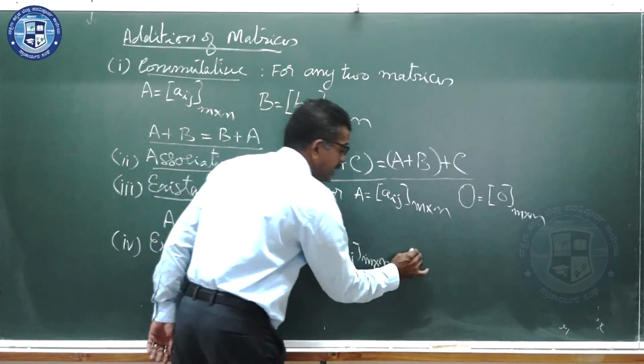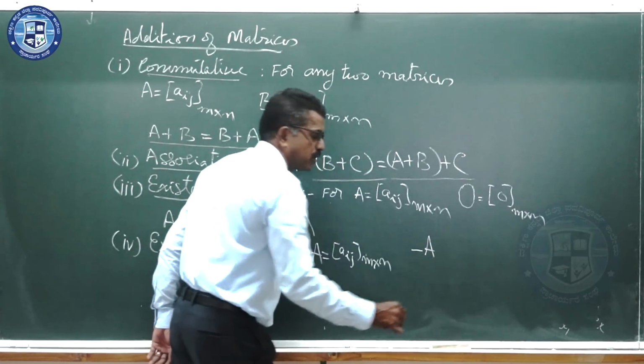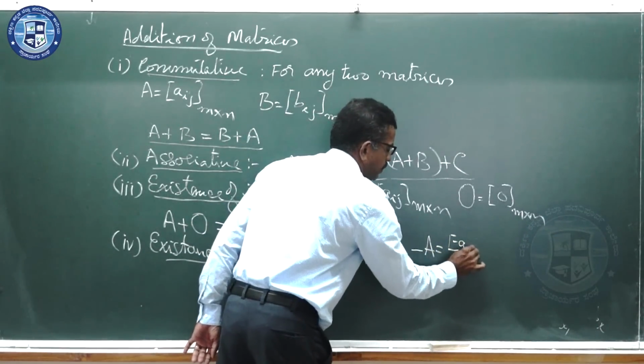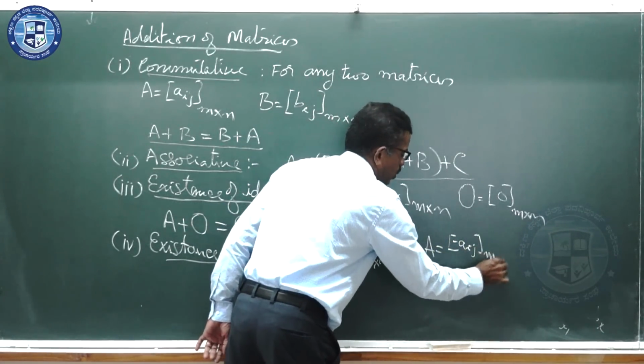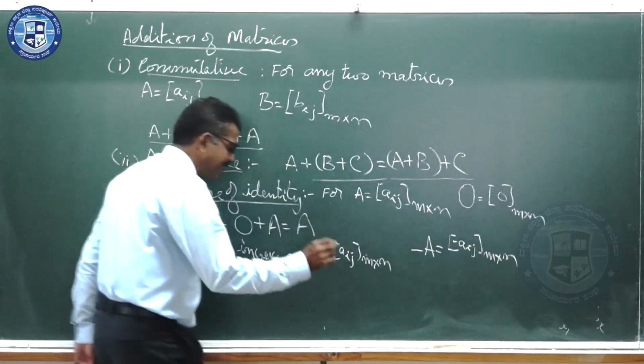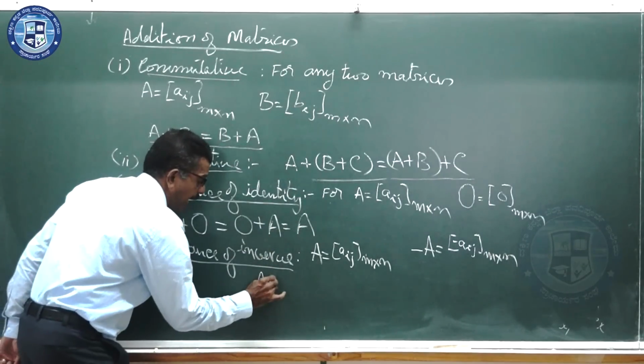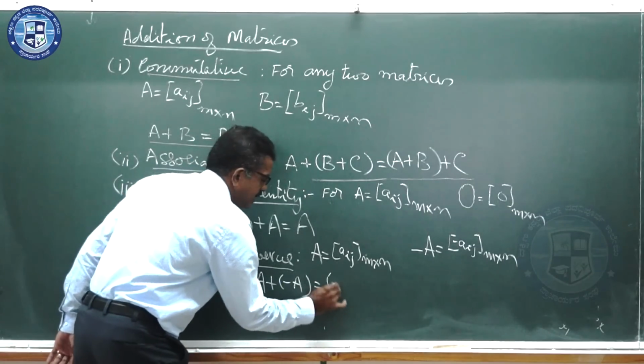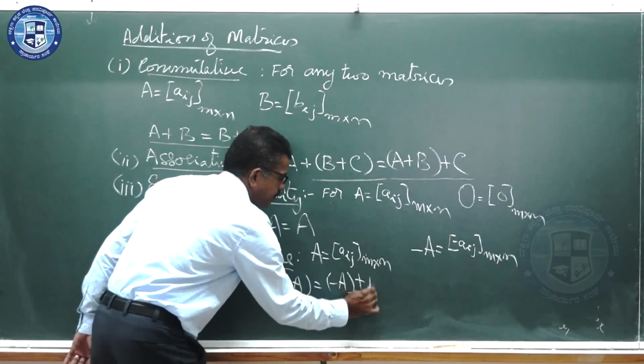We have another negative of a matrix which we have discussed already, minus A with entries minus Aij of same order m cross n. Then it's very clear that A added with minus A or minus A added with A.